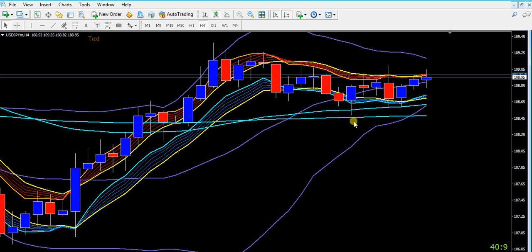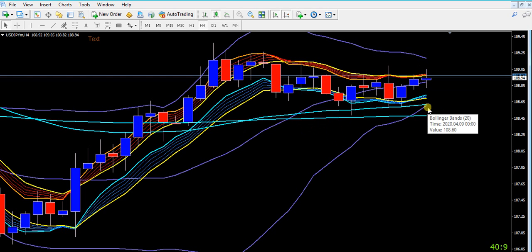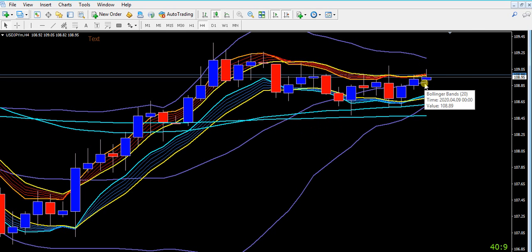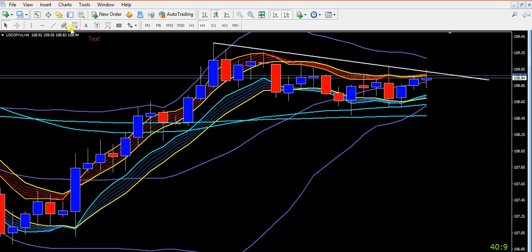And now price is still above the moving average, and it's a little bit above the middle Bollinger Band. So what we are going to see is this area. Sometimes I'm using this one too.